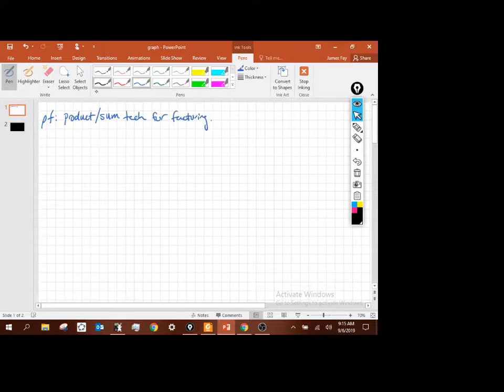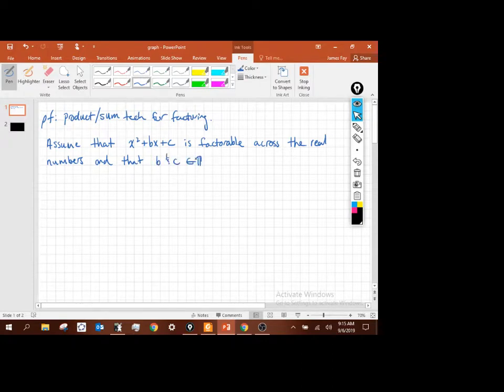Okay, so first thing I'm going to write here is assume that x squared plus bx plus c is factorable across the real numbers. And that b and c are elements of the real numbers.